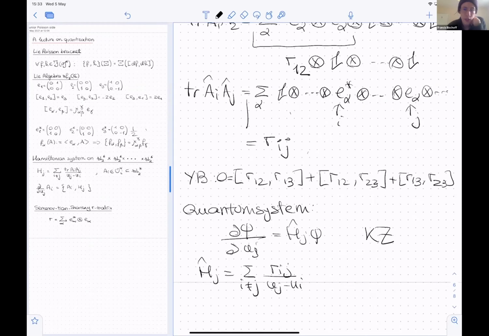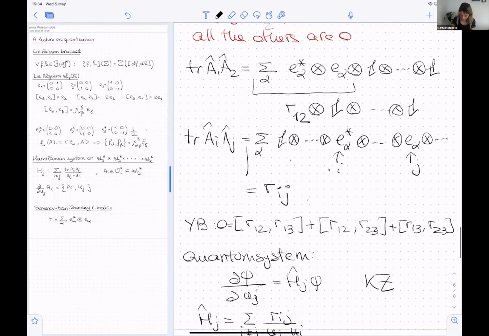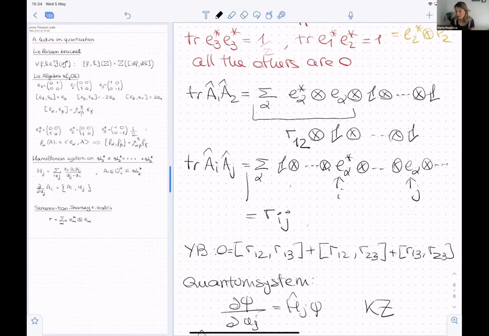Why does it satisfy the classical Yang-Baxter instead of the quantum Yang-Baxter? Well, in a sense, you see, this is a classical object that I've introduced still. The kind of computations I've done are linear, right?